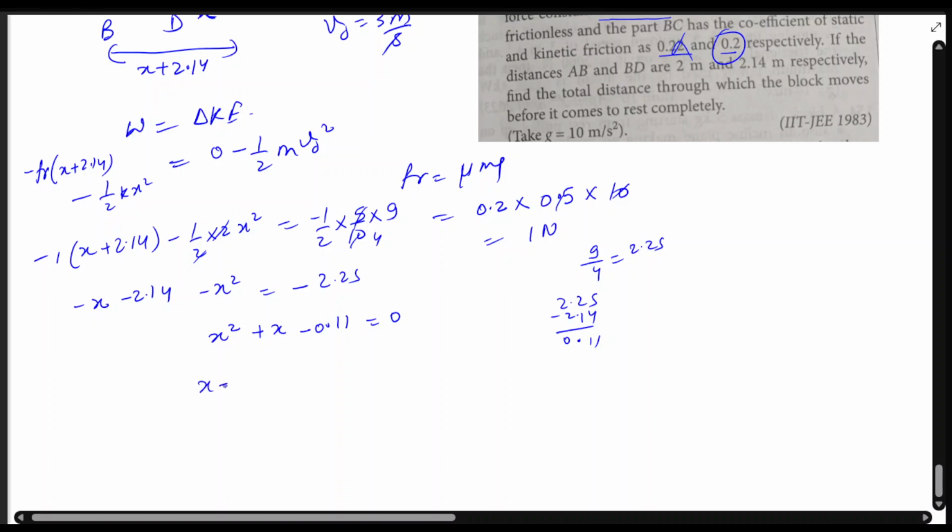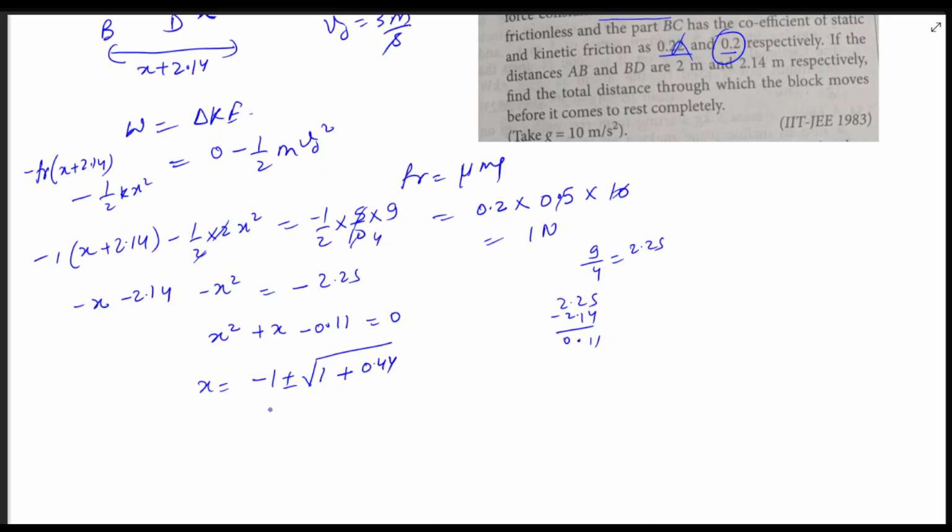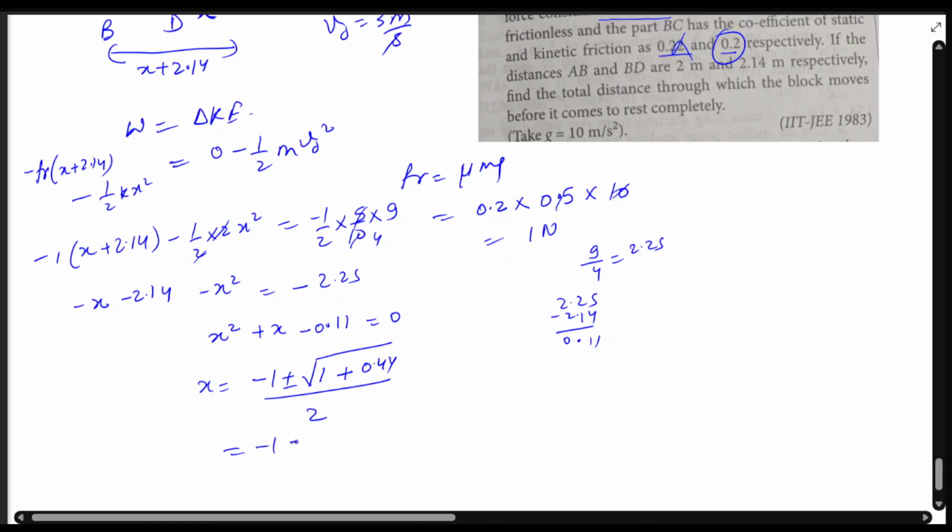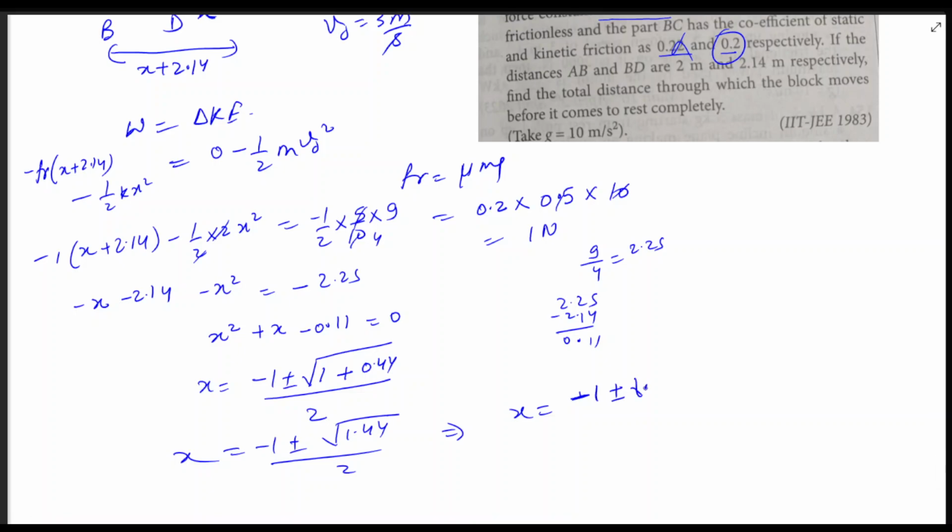So we'll use x equals minus b plus minus under root b square minus 4ac, so 0.44 divided by 2. So we'll have minus 1 plus minus root 1.44 divided by 2. So x equals minus 1 plus minus 1.2, 1.2 square, right? So x must be positive, so we have to take the plus one. So x will be 1.2 minus 1 by 2, so 0.2 by 2 will be 0.1 meter.